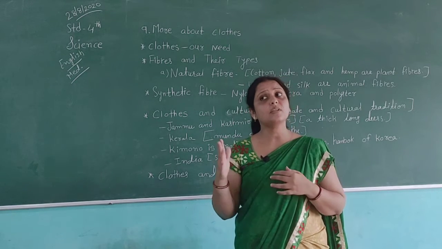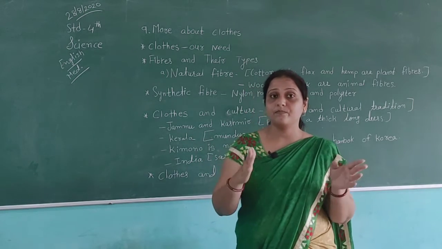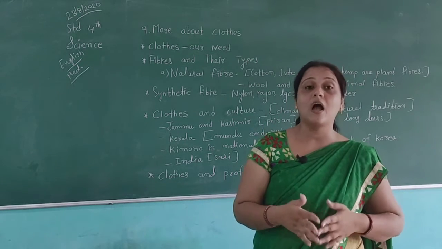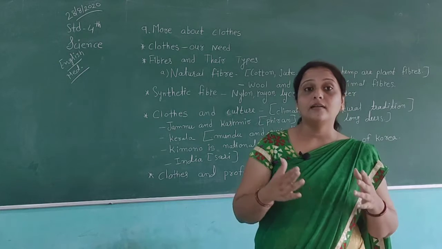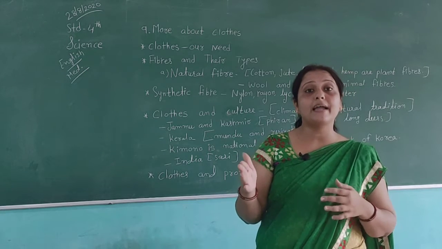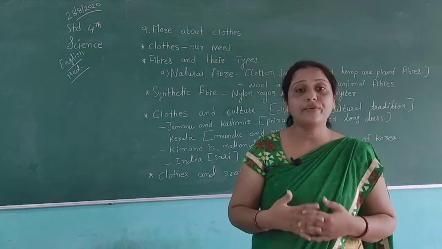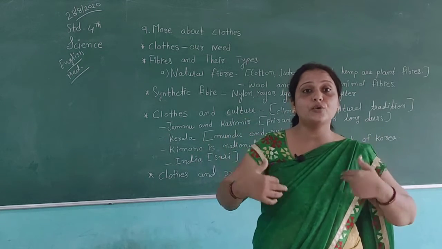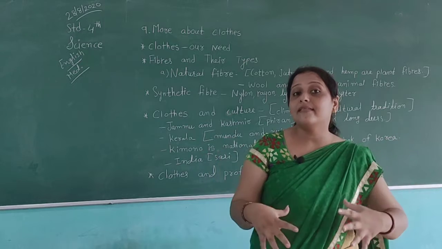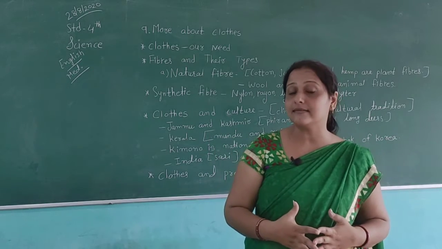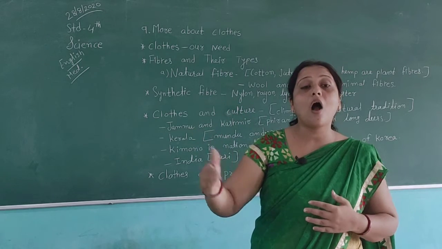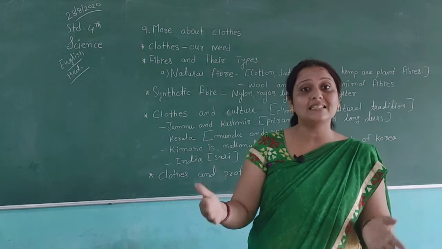In earlier times, people had no clothes to wear. How did they protect themselves? They made clothes using the leaves of trees, shaping them according to their body structure, and wore the leaves to protect themselves. Then they got the idea of making cloth by stitching.